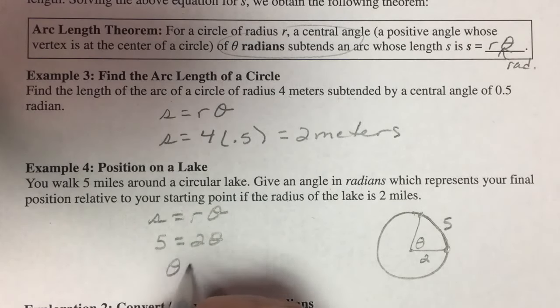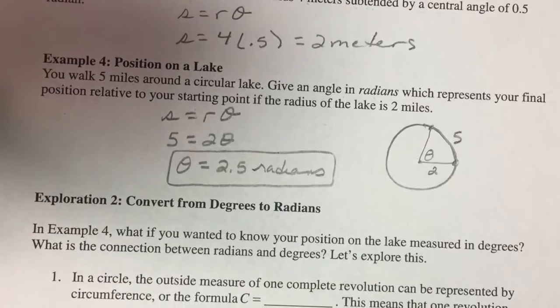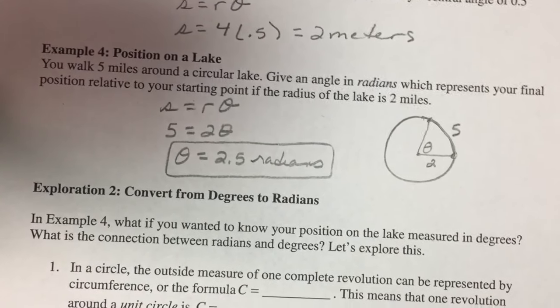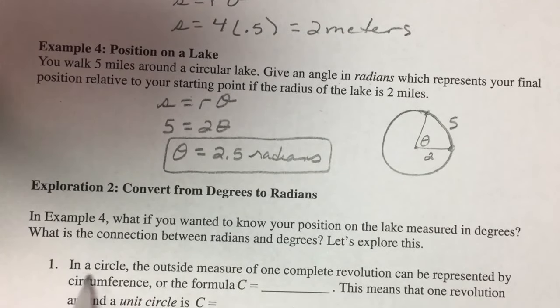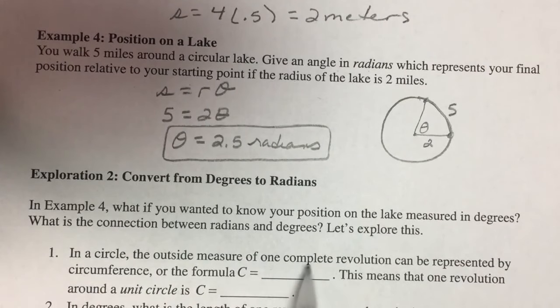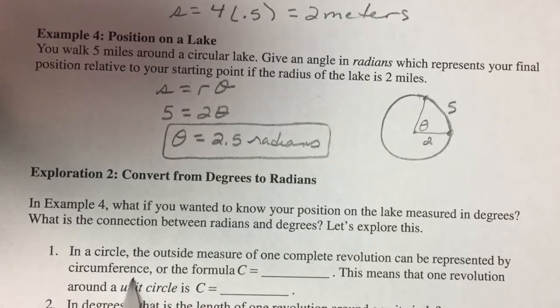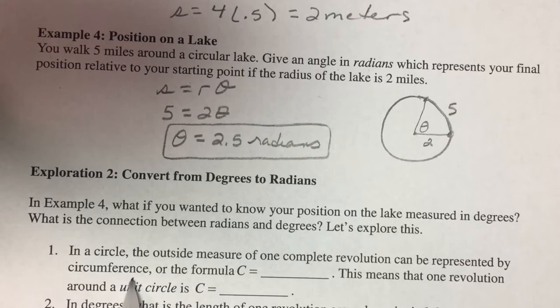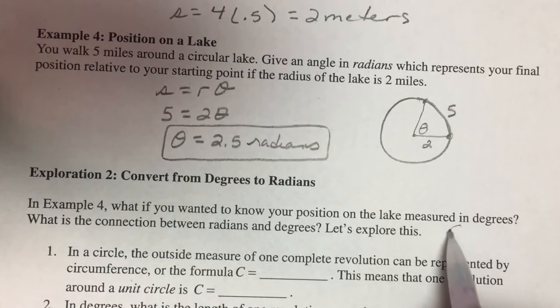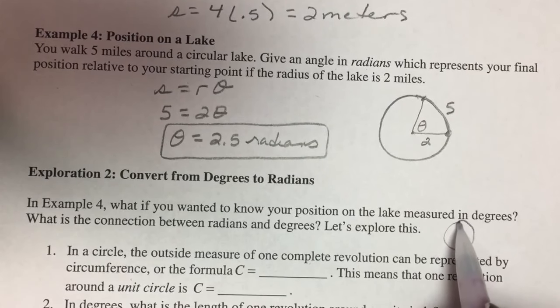Okay, so now let's talk about how to convert degrees to radians and vice versa. Hopefully you remember this. In a circle, the outside measurement of one complete revolution can be represented by the circumference. I hope you would agree with that. So if I just go one complete revolution around, that's simply the circumference of the circle.